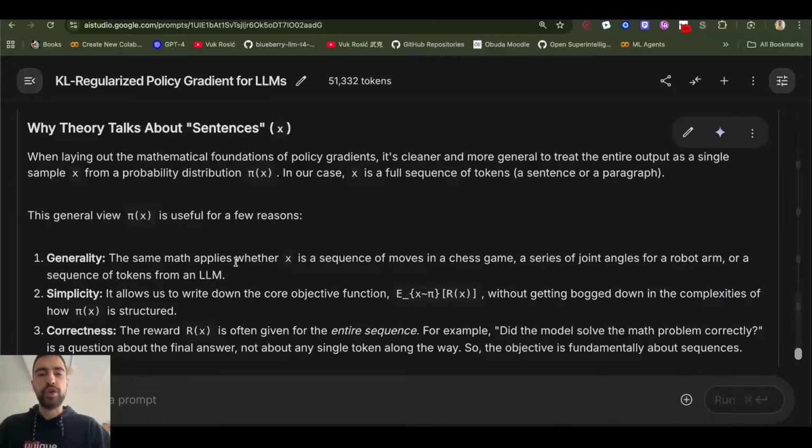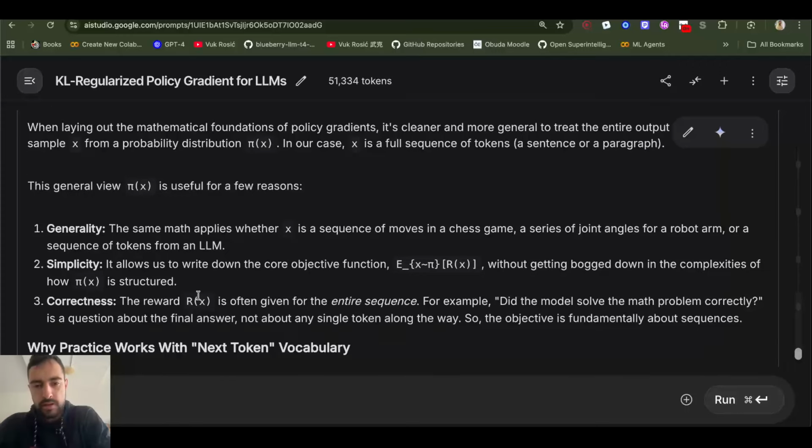So what we want to do is look at the entire output, or sentence for example, of the LLM as one sentence amongst all possible sentences, and that one sentence has some probability to happen. Every sentence has a probability to happen.